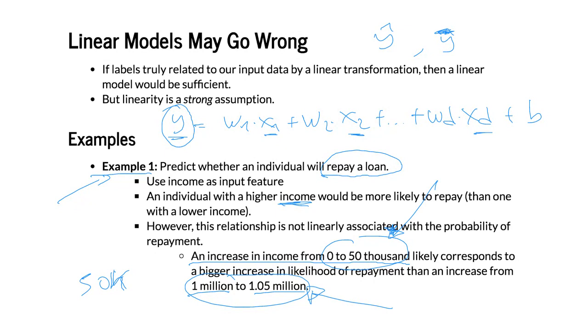You already have a lot of money, so this same increase doesn't really change the probability for this case, but it increases the probability by a lot for this case. So many times the output of a model, in this case the probability of repaying a loan, is not linearly related to the input feature, which is the income.